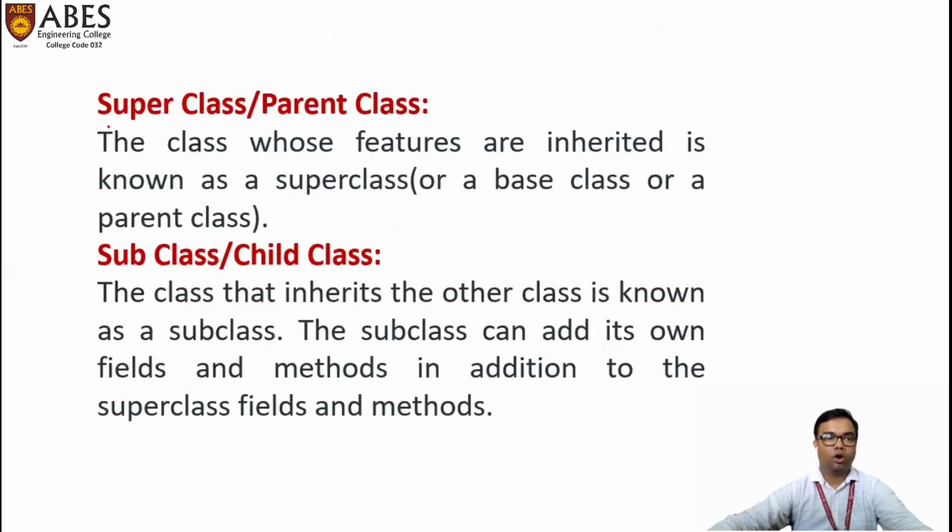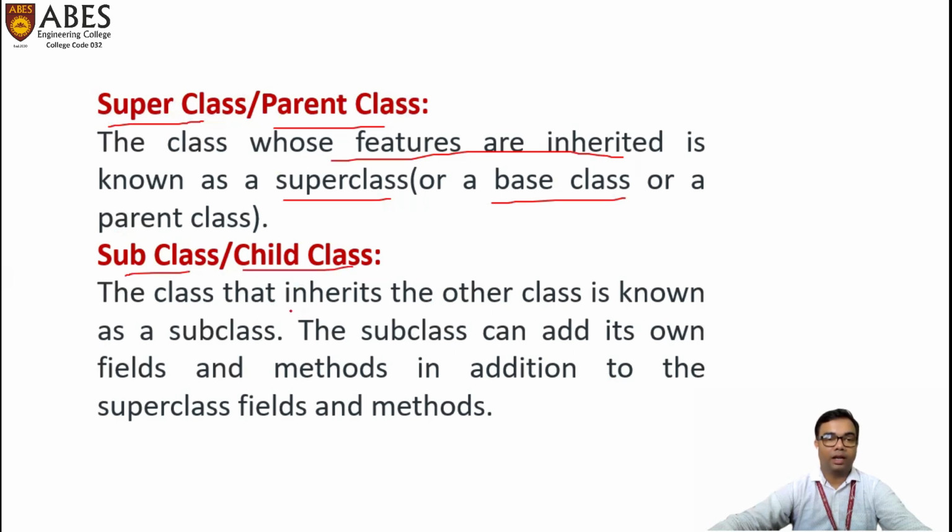We can also call the superclass the parent class, or the base class. These are different names by which you can call the superclass. The class whose features are going to be inherited is known as a superclass. The next is the subclass, or child class.